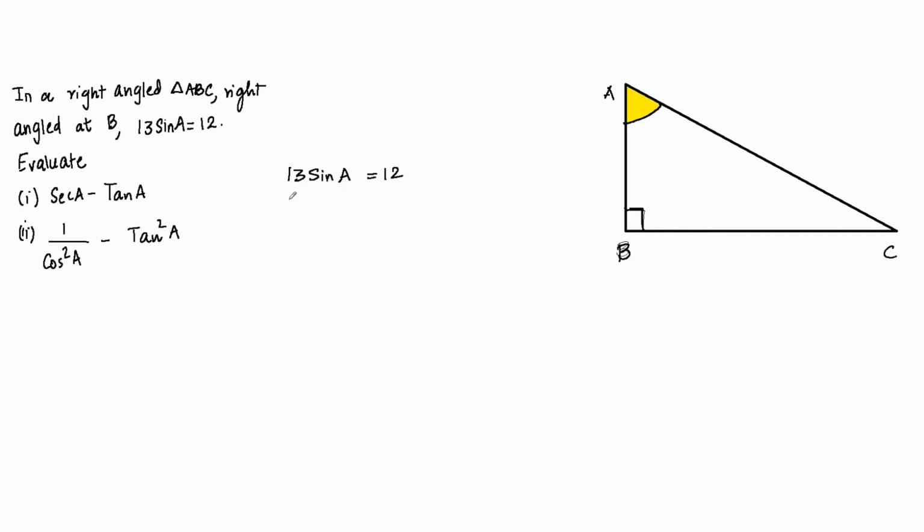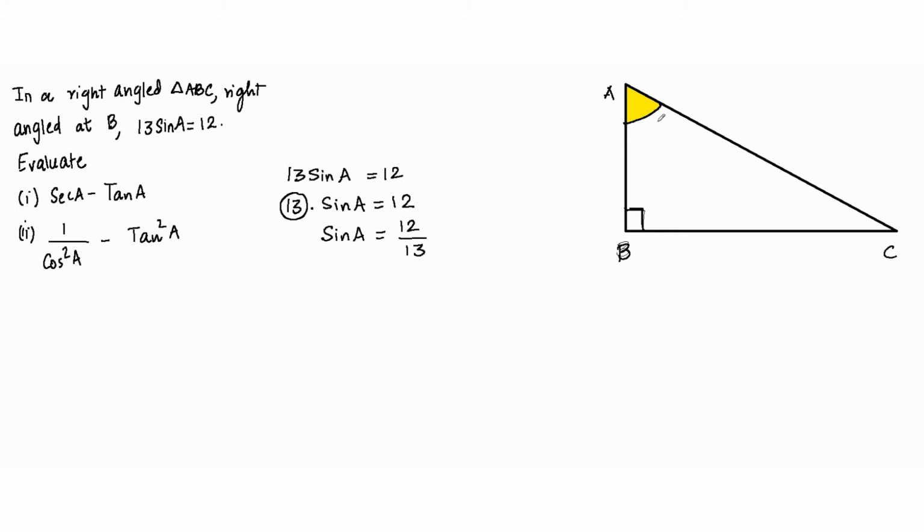13 times sine A means 13 multiplied by sine A is equal to 12, which means sine A is equal to 12 divided by 13. 13 was in multiplication, it went down to division on the other side. So sine A is 12 by 13.